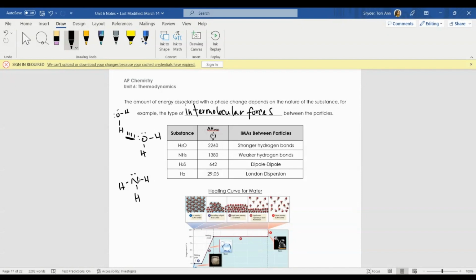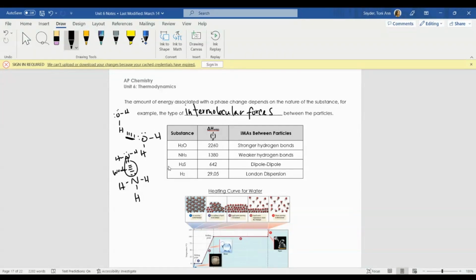But it only has 1 site for hydrogen bonding. So I'll draw a little hydrogen bond here. I'm trying to draw this as best as I can. So there's an H right there. But this hydrogen bond is a little bit weaker than this one. So we'll say this one's weaker. Why is that? Because nitrogen is not as electronegative as oxygen is. So that's a slightly weaker hydrogen bond.